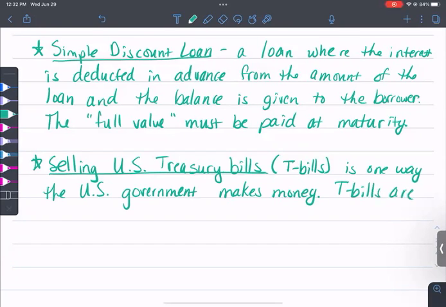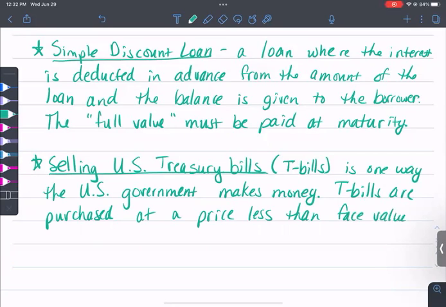T-bills are purchased at a price less than face value, or at a discount, as we talked about with the discount loan above.